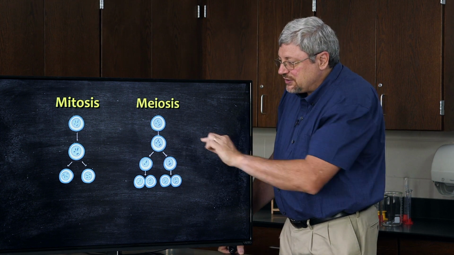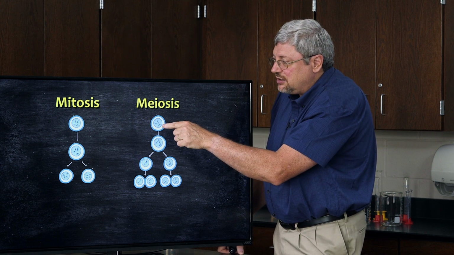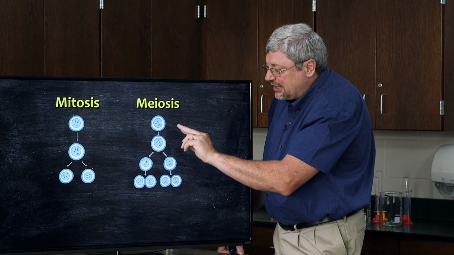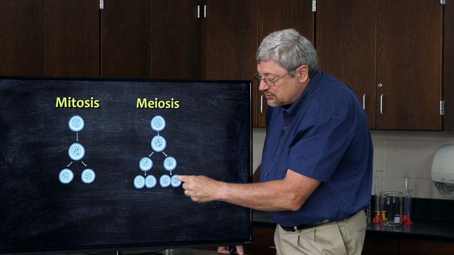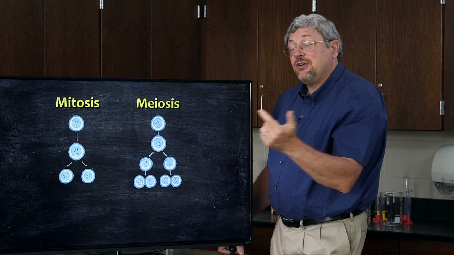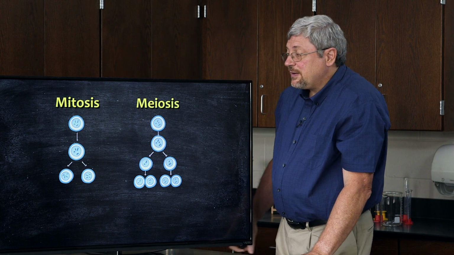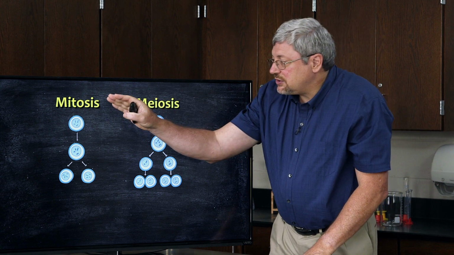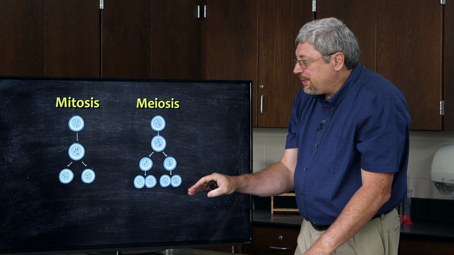Also, another difference is there's crossing over that occurs early on in prophase 1. As a consequence of that, there's a combination of genetic material in each of these resultant cells that is different from the parent cell we started with. So contrasting mitosis and meiosis. Mitosis goes from 1 cell to 2, meiosis from 1 cell to 4.